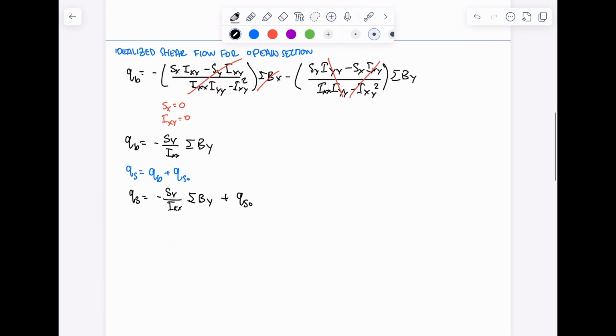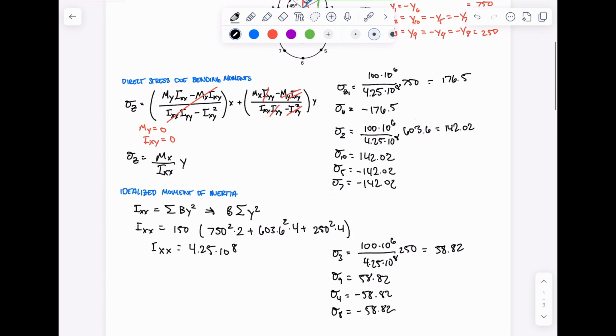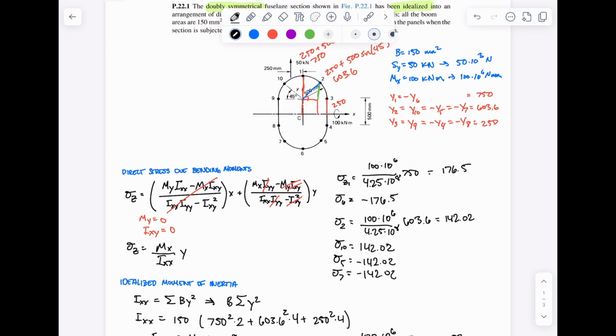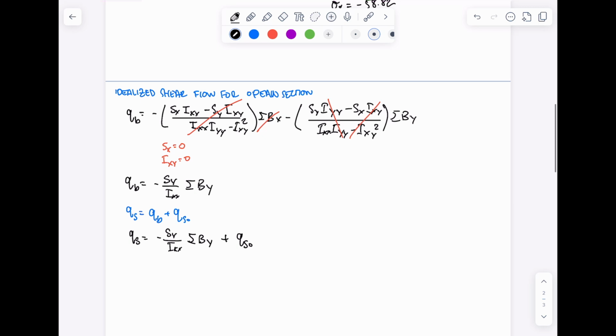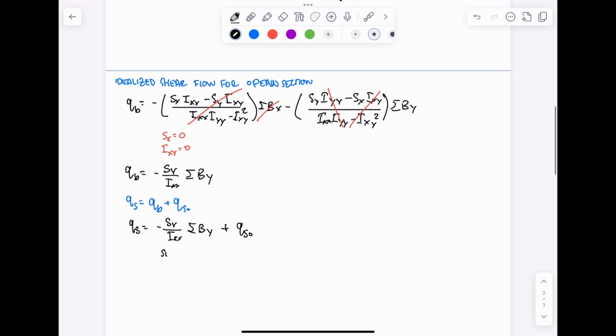We can solve this. We know SY is given here as 50 kilonewtons. We converted to newtons, so 50 times 10 to the power 3 over IXX, which is 4.25 times 10 to the power of 8.